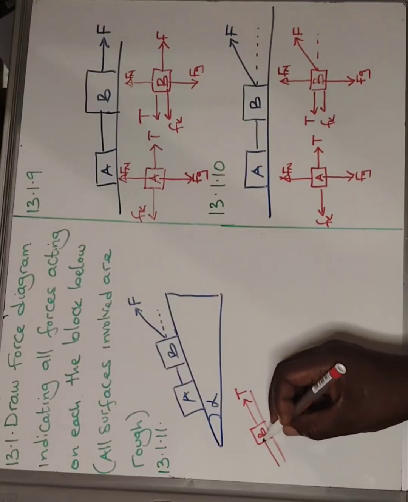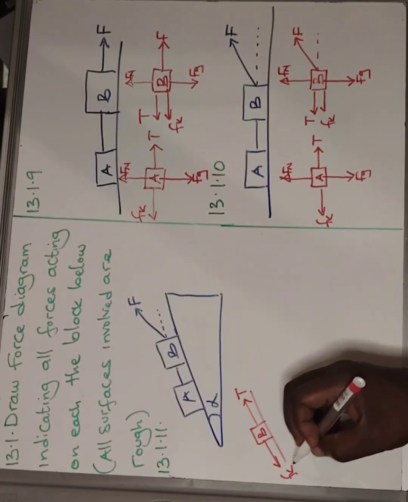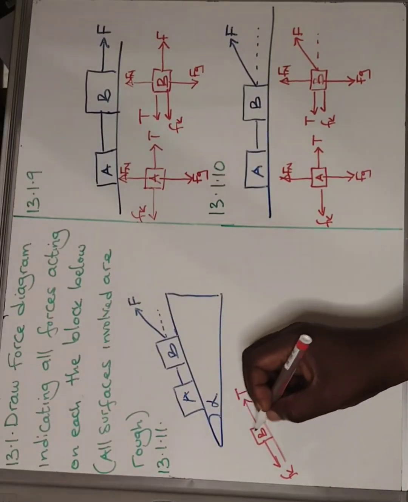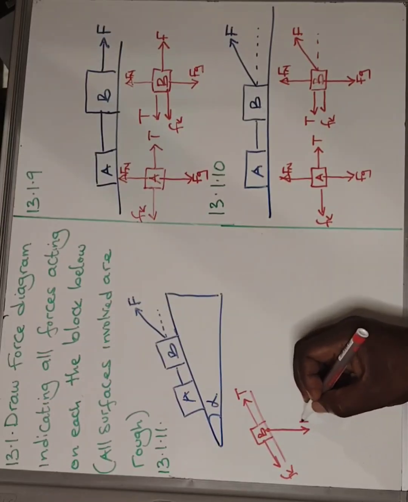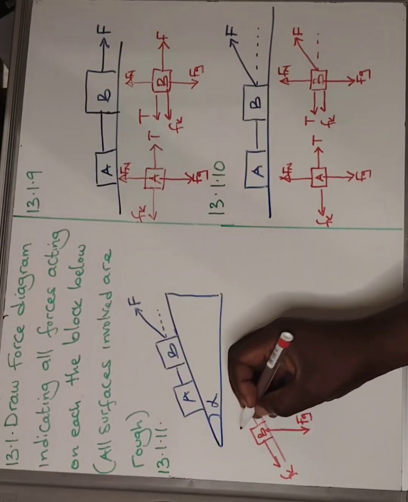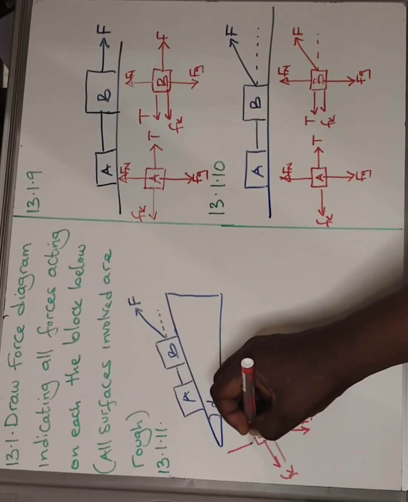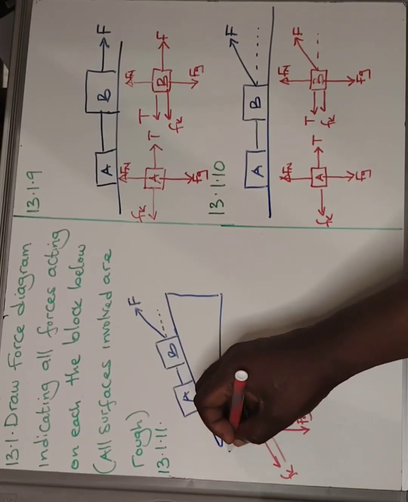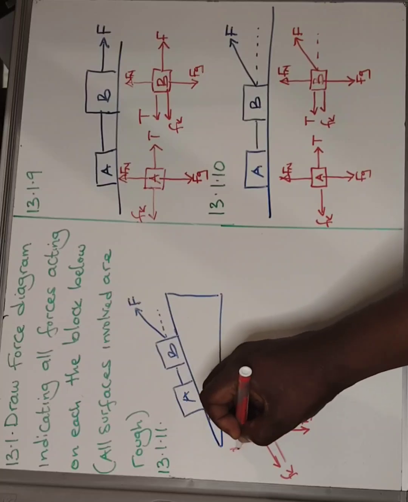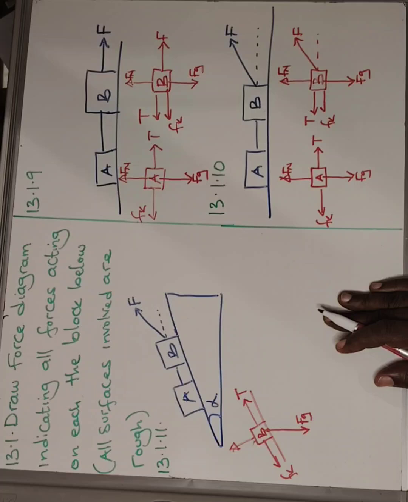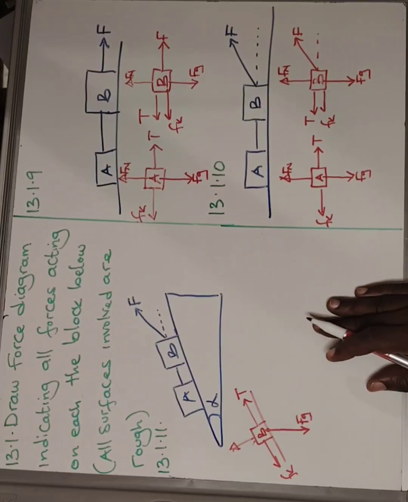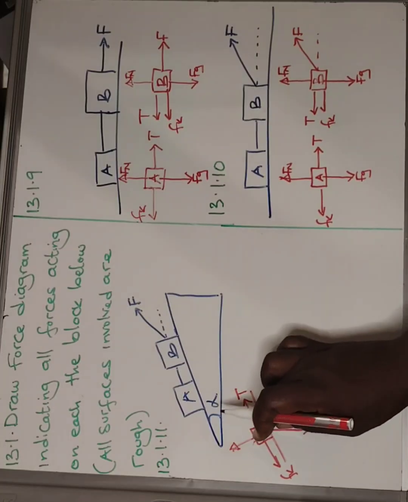The surface is rough, so there is Fk. There is a traditional Fg acting vertically downwards, and there is a normal force by virtue of the object sitting on the surface. So those are the forces we'll have for A.